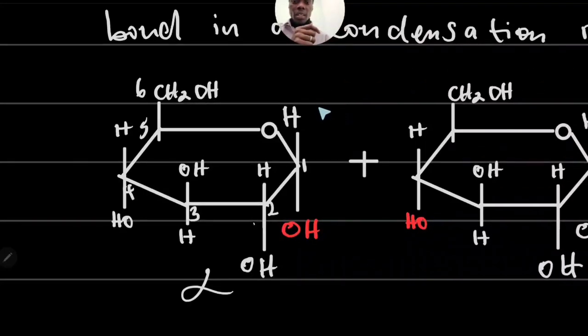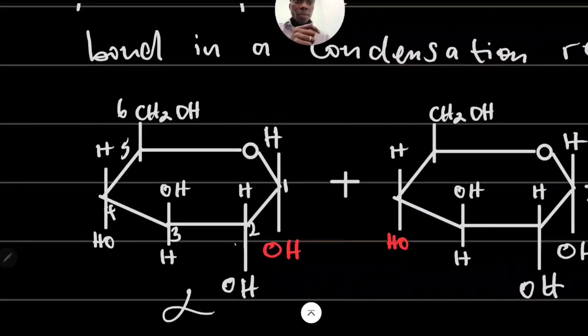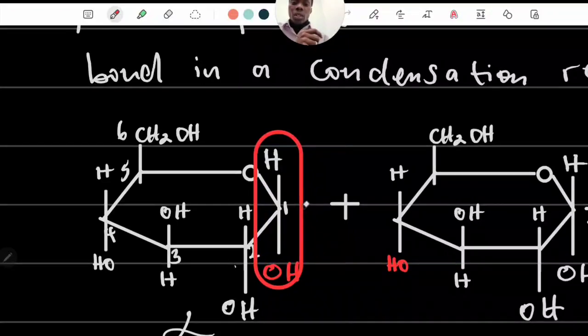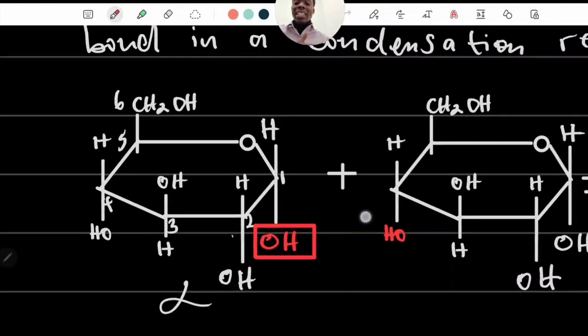From here, this is what shows if it is alpha glucose or not. It is the hydroxyl group on carbon 1. When it is not rotated, when it is down here, that is the simple way I can put it.